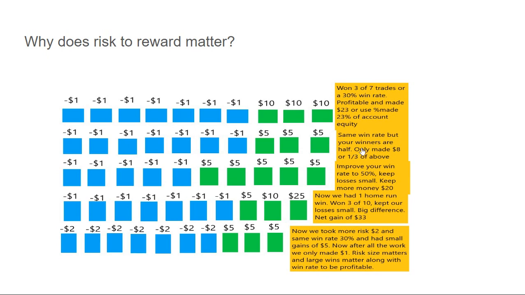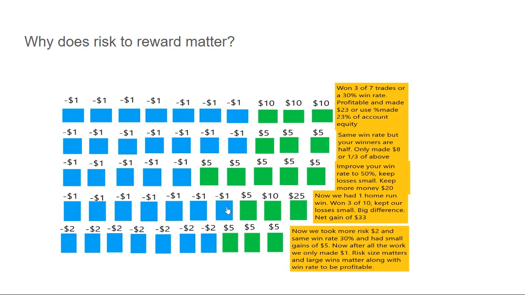The second example, we still did pretty good, but you can see just a slight change. And what this line represents is your experience. The more experienced you get, the higher your win rate is, and the more experience you gain, you'll keep more of your money, keep more of your gains.